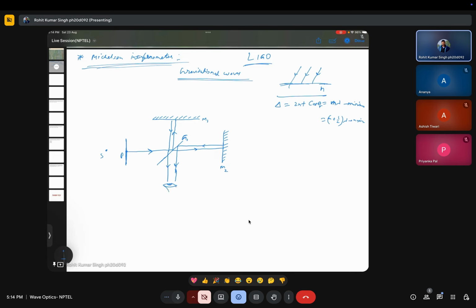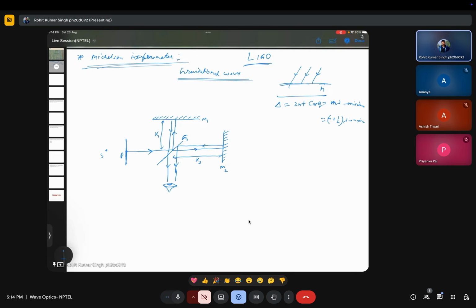Let's call this distance x1, and this distance x2. Now what you will see here is two light rays coming at you.